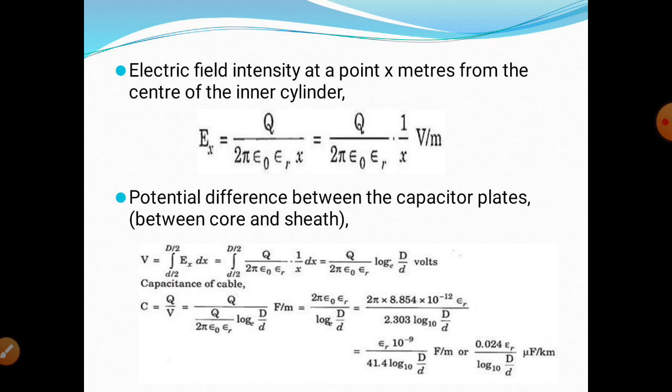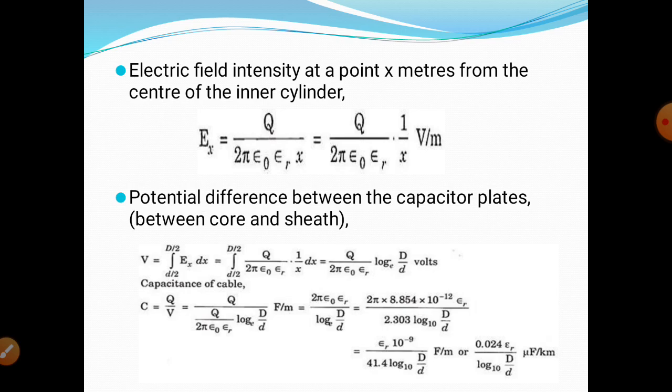Now we have to calculate the potential difference between the capacitor plates, that means the potential difference between core and sheet. V is equal to the integral with limits from small d by 2 to capital D by 2. Small d is the diameter of the inner core and capital D is the inner diameter of the lead sheet.